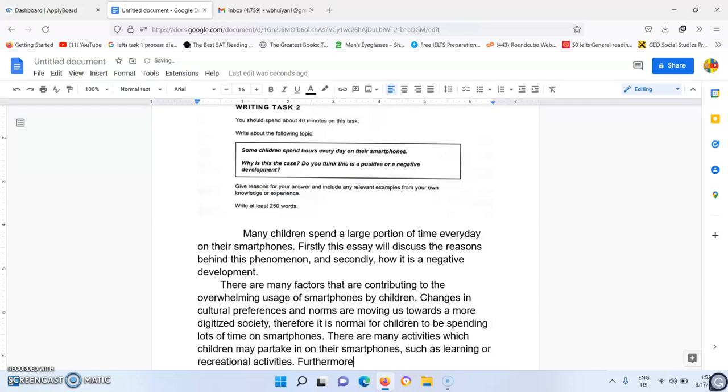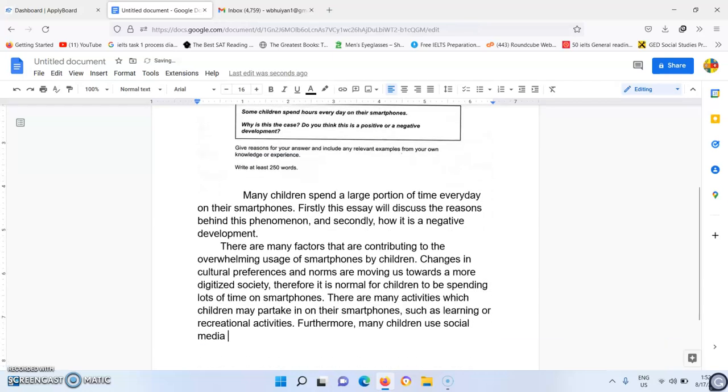Furthermore, many children use social media like Instagram, Facebook, and YouTube to pass their time.